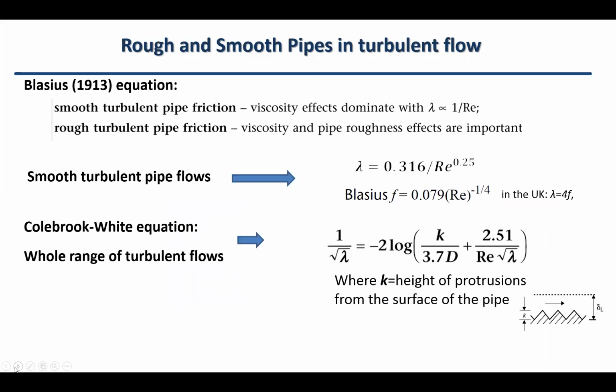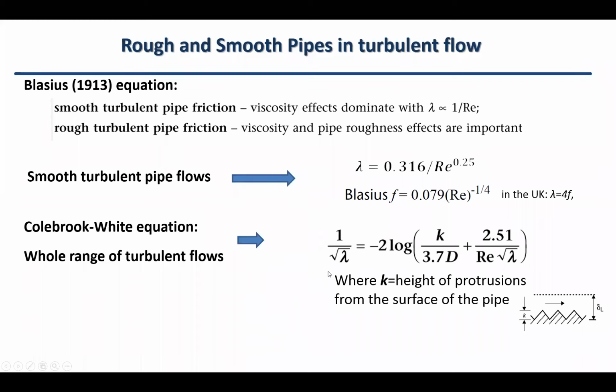For a general equation, there is another form derived by Colebrook and White. The popular Colebrook-White equation applies to all ranges of turbulent flow, not only smooth or rough. You can use it for any kind of turbulent flow. It is an implicit equation for lambda, because lambda appears on both the left and right-hand sides, so it is not a direct equation to calculate lambda.